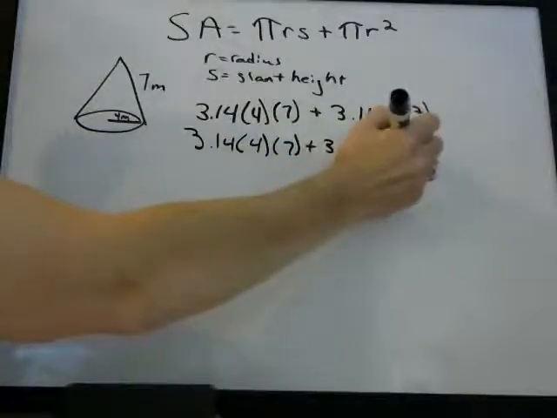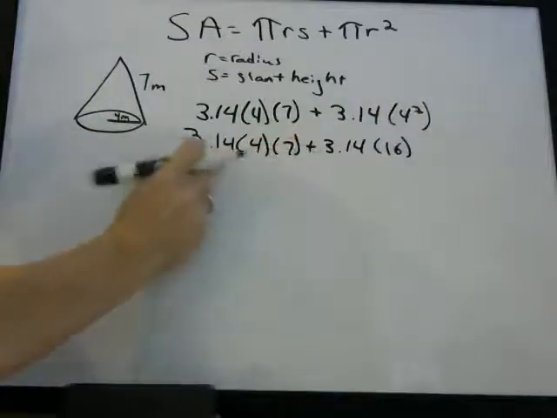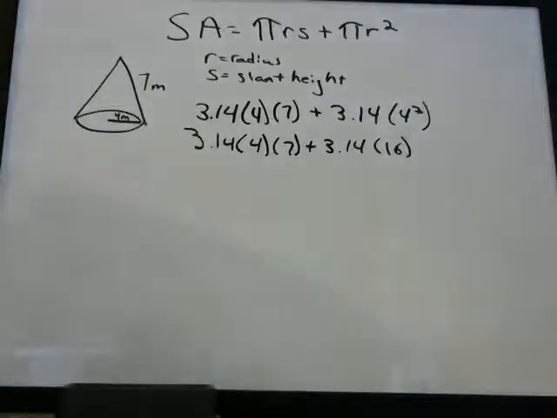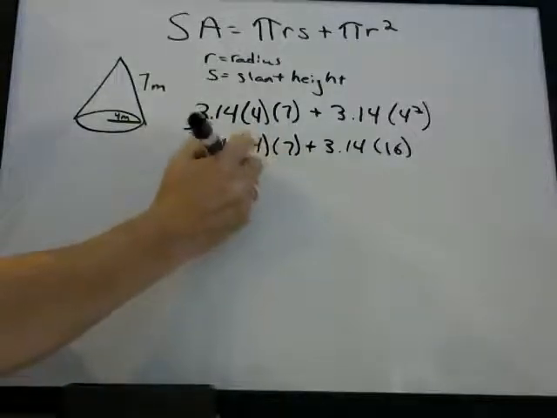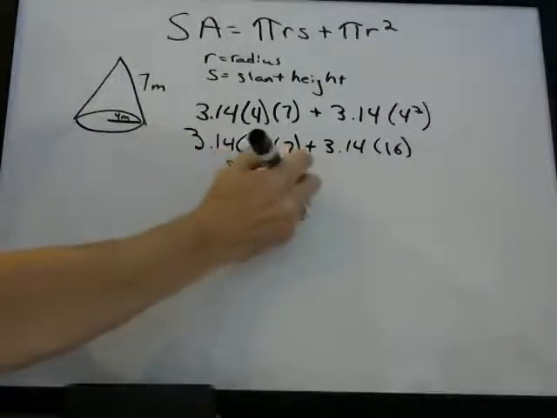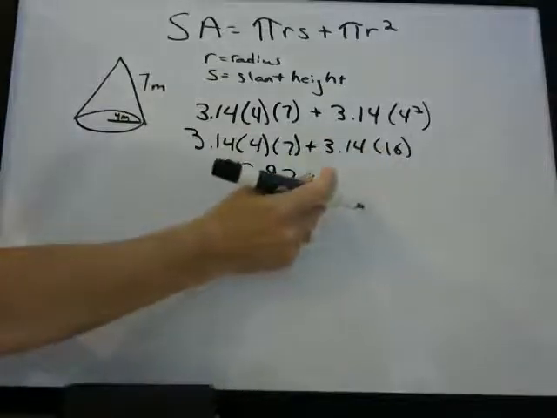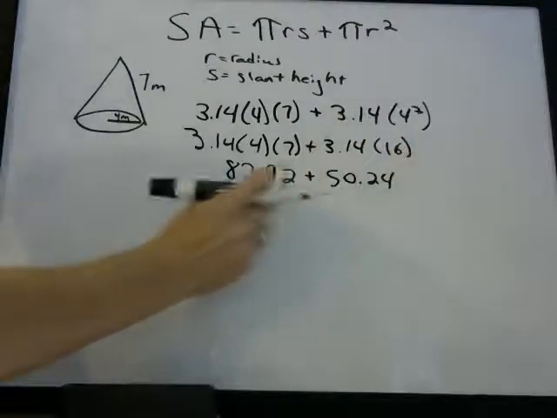Then again, remember order of operations, you do multiplication before you do addition. So we do this multiplication and this multiplication. Plug those two into your calculator. 3.14 times 4 times 7, you're going to get 87.92, plus 3.14 times 16, you're going to get 50.24. Then we do the addition.